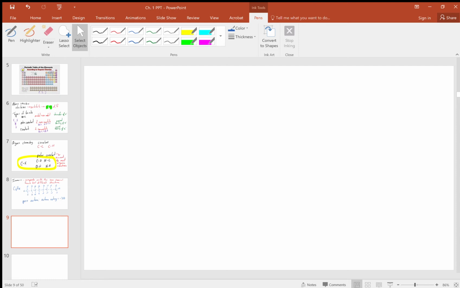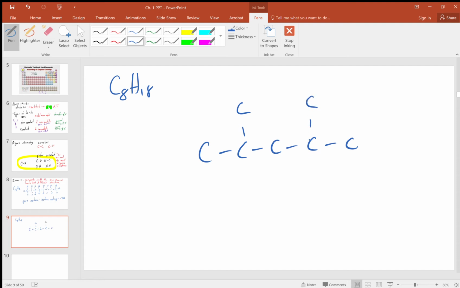But what if we rearrange our carbons a little bit? Here's our carbon skeleton, and you can see we still have 8 carbons here. It's just we've rearranged how they are.